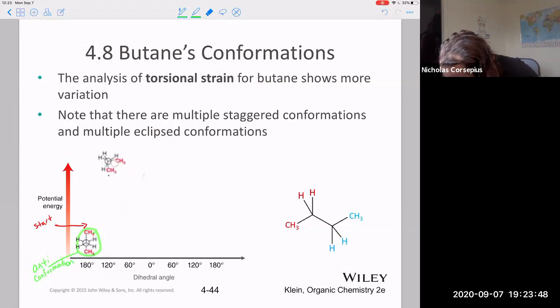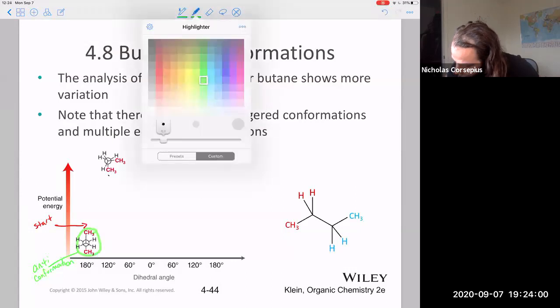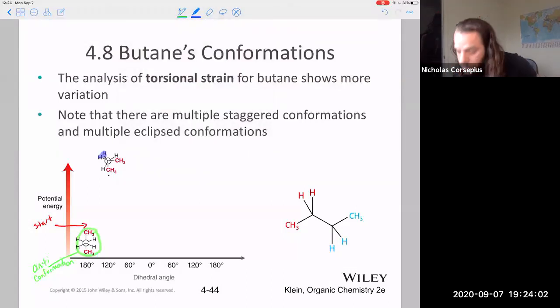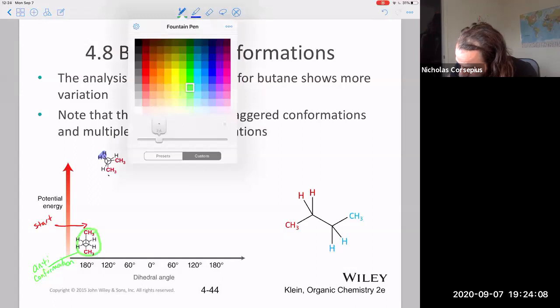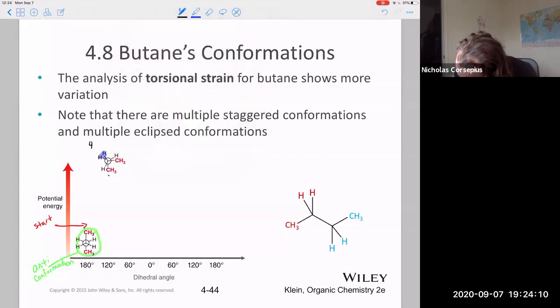I'm going to have this eclipsed conformation. Here I have my hydrogen strain there. The penalty for the hydrogen eclipsed was 4 kilojoules per mole.